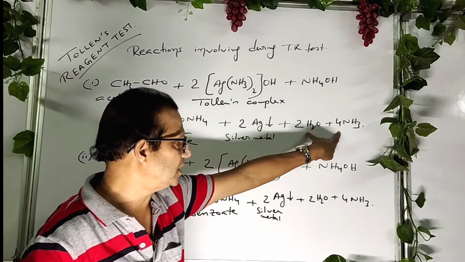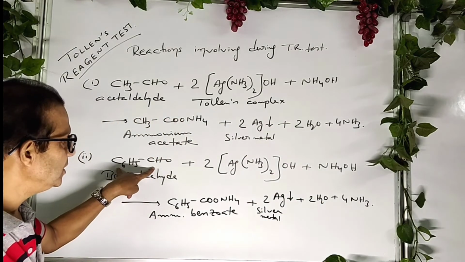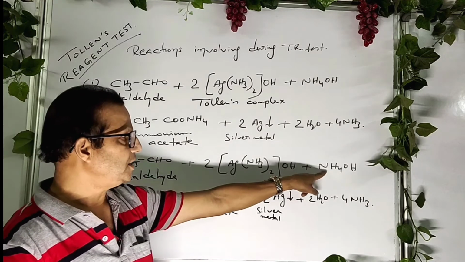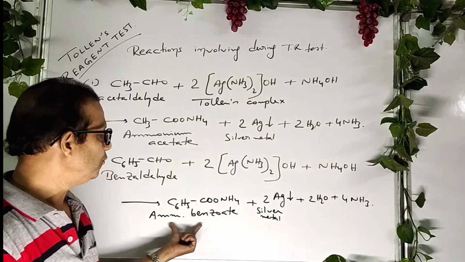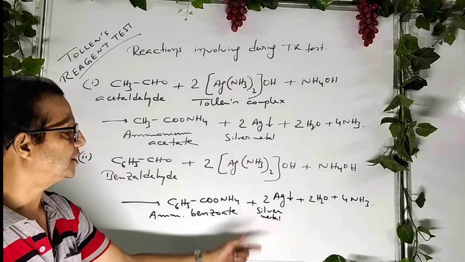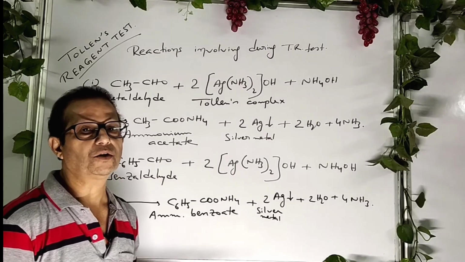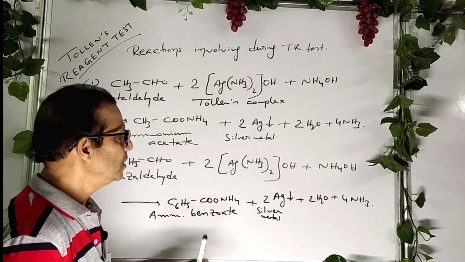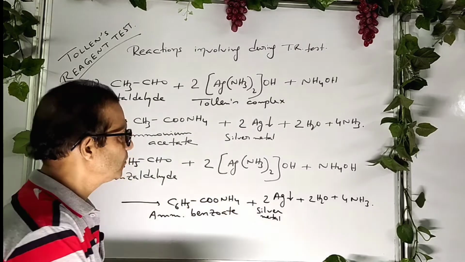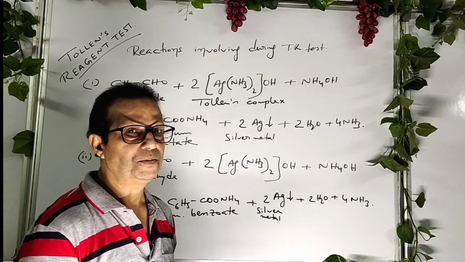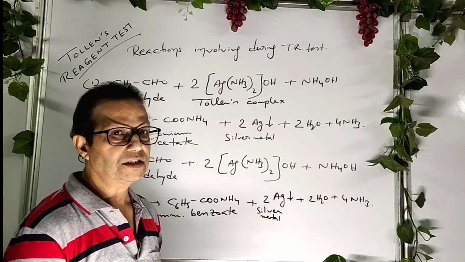The byproducts are these. Similarly, benzaldehyde will change into benzoic acid at first, which combines with ammonium ion to form ammonium benzoate. Now, the very important question for entrance. Now, tell me, what is the oxidation state of silver in Tollens complex?